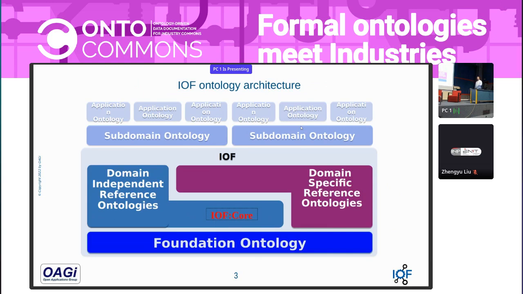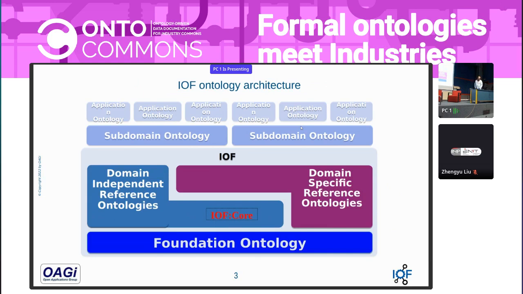The idea is to represent concepts that are common across different manufacturing domains. And from the core and some other domain-independent ontologies, such as a measurement ontology or date-time ontologies, we build domain-specific ontologies, which can then further be extended to the subdomain or the application level.